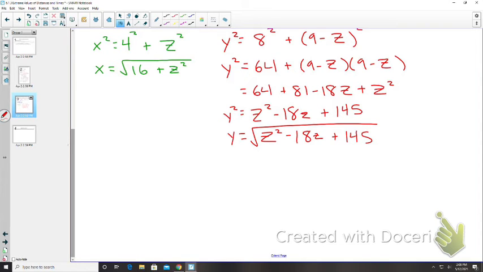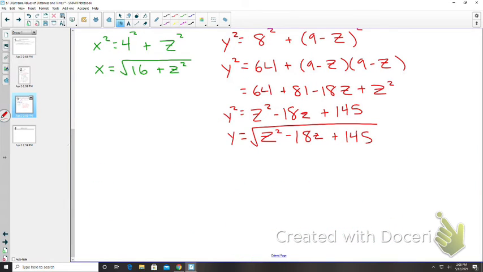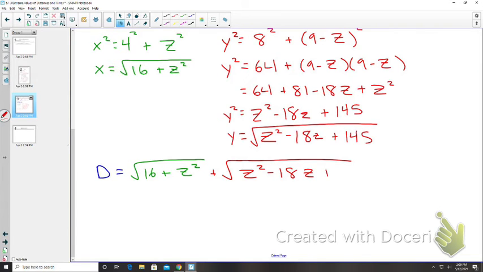Now that we have set up these two equations in terms of x and y, we can substitute them into our distance formula at the top. So distance is going to be x plus y. My x is root of 16 plus z squared, and my y is root of z squared minus 18z plus 145.